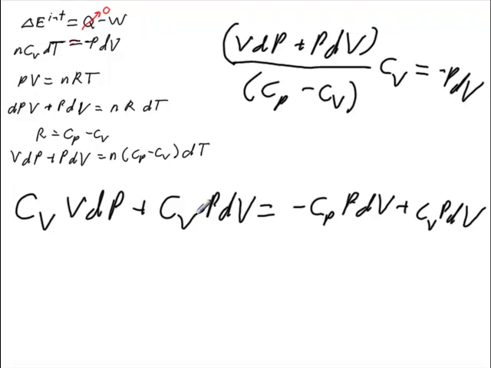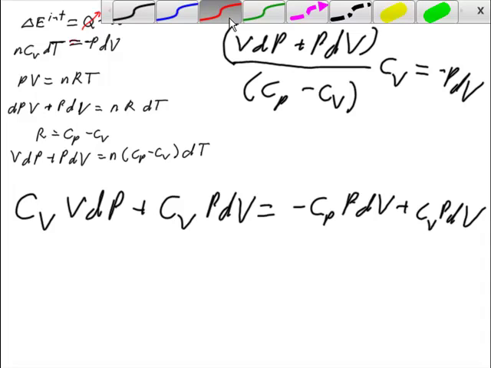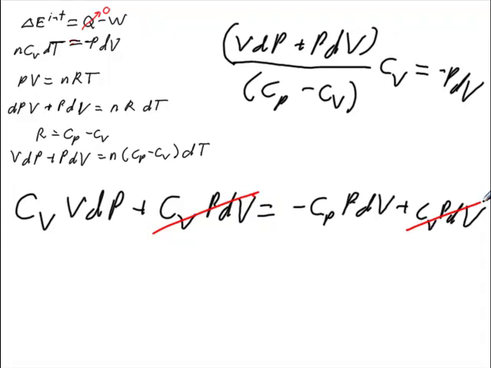You'll notice here this Cv times P dV appears to be canceling. That's nice. And let's put the Cp over Cv in one place. I'll bring it to the right. And I will put the P underneath the dP and the V underneath the dV.